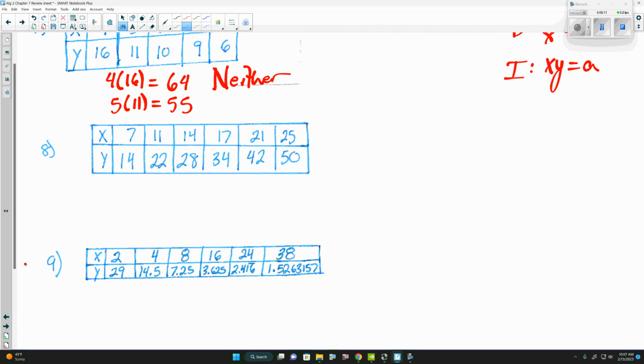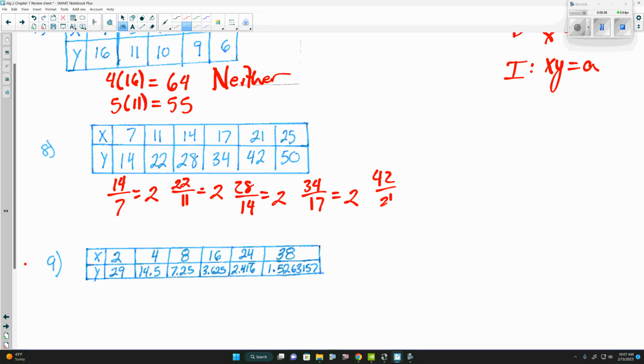And we'll do the same thing with number 8. So we can start off with either one. So we can say 14 divided by 7 is 2. 22 divided by 11 is 2. 28 divided by 14 is 2. 34 divided by 17 is 2. 42 over 21 is 2.